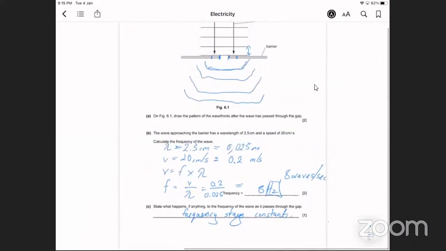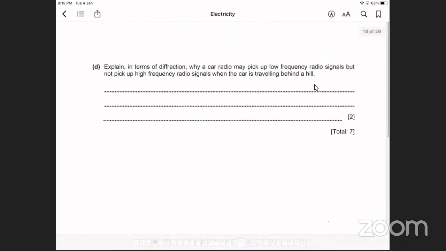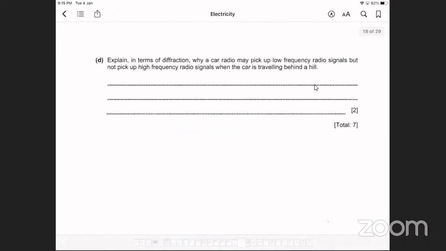Right. Let's move on to the next part. This one is saying, explain in terms of diffraction why a car radio may pick up low frequency radio signals, but not pick up high frequency radio signals when the car is traveling behind a hill. So this one, it's tricky. You have to think about it.